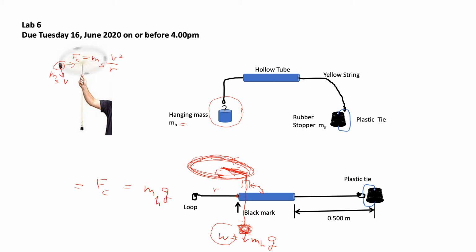The centripetal force is the mass of the stopper times v squared, the speed of the stopper, over the radius. The hanging mass is known, times gravity, which is 9.8, and the mass of the stopper we know, and the radius we keep constant, and therefore we can calculate the velocity.